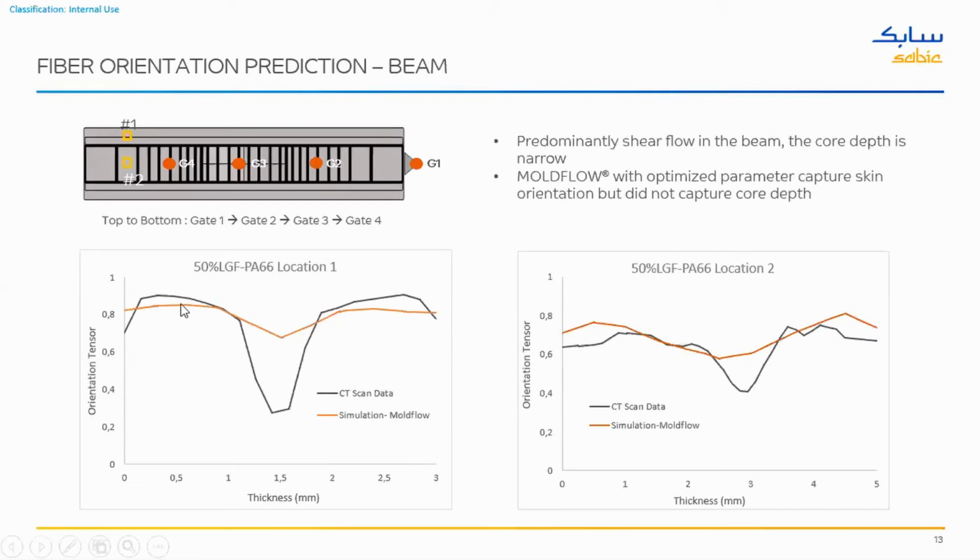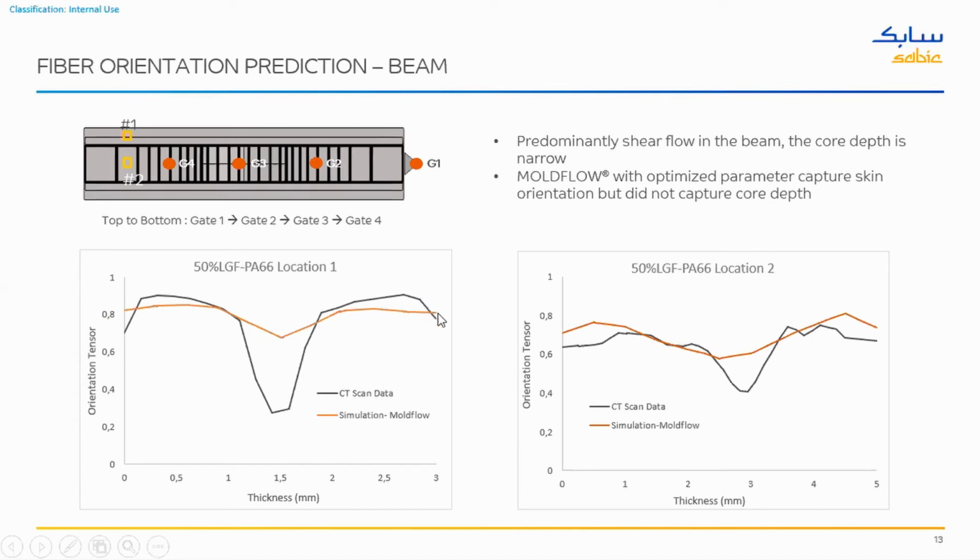Here again, very similar to the shear plaque, the observation is similar. At both positions 1 and 2, we could see that on the skin it could capture the behavior observed in the experimental results with rather good accuracy, with 5 to 10% variations.